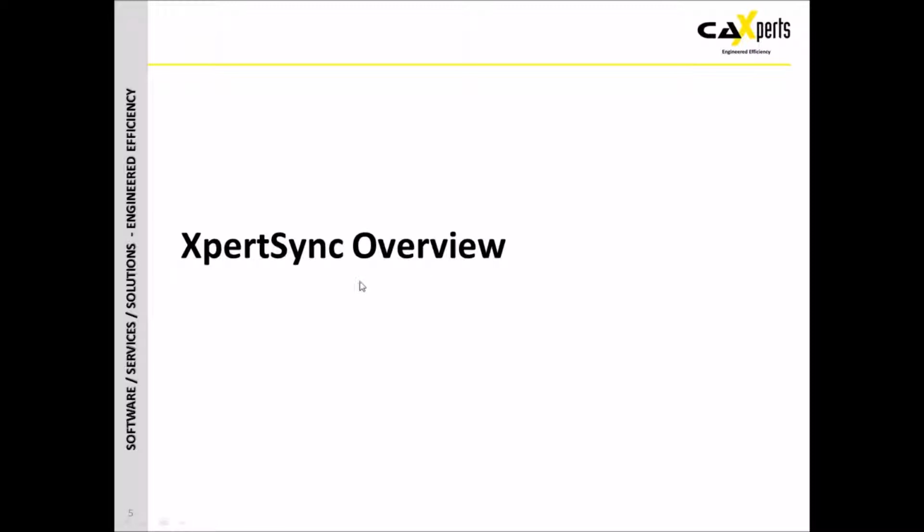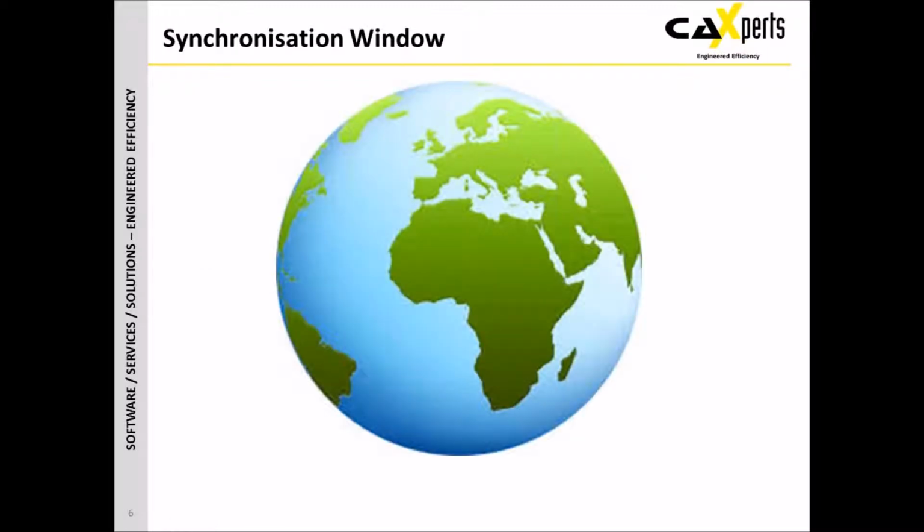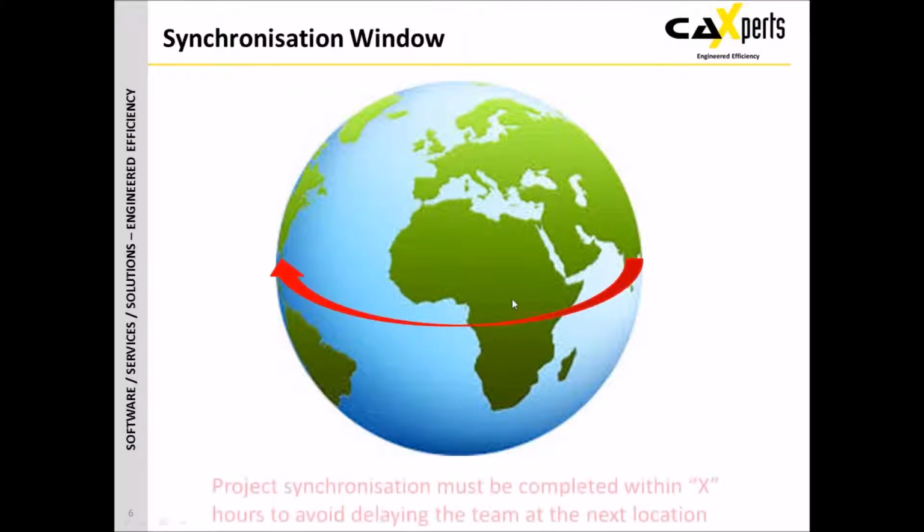So let's now take a look at XpertSync itself. One of the key issues that we've certainly seen is that you have this synchronization window if you use a traditional approach. In simple terms, you're executing a project across the globe.